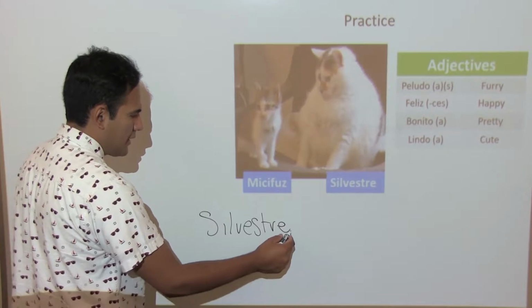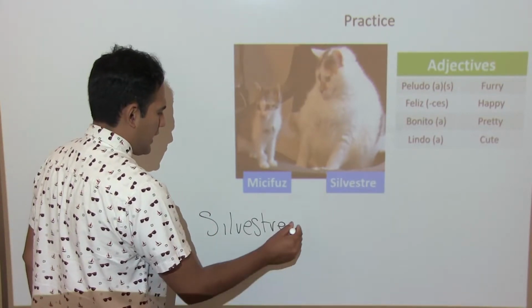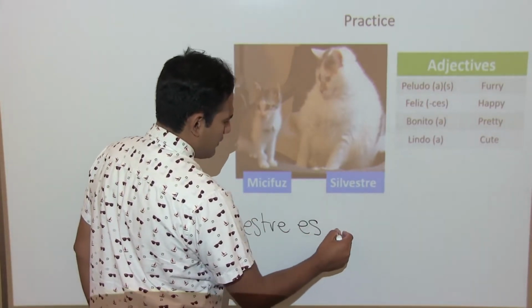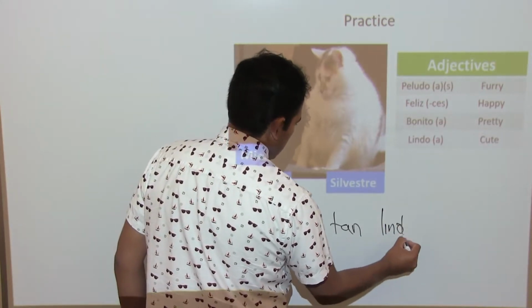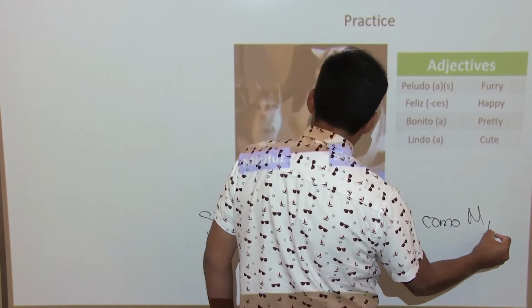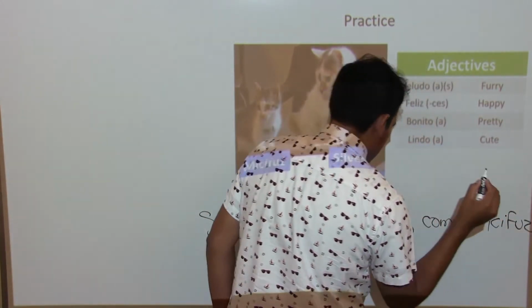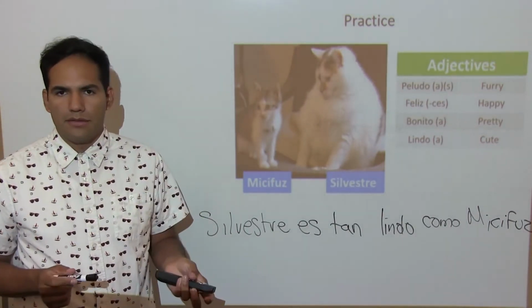We have subject, then we need the verb ser, but conjugated. Silvestre es, then our sandwich. Es tan lindo como Misifus. Silvestre es tan lindo como Misifus.